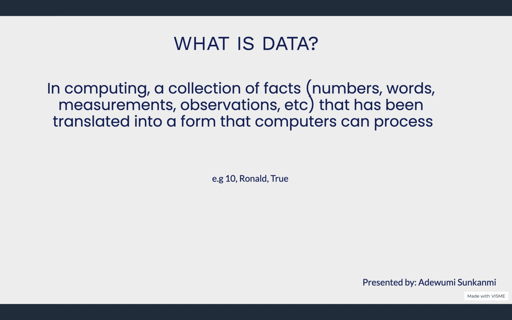So in summary, data is a fact that is in the format that computers can process. For example, we have 10, which is an integer, Ronald, which is the combination of alphabets to form a word, and we have true. However, at the very basic level, data is stored in form of zeros and ones in memory, also called binary.